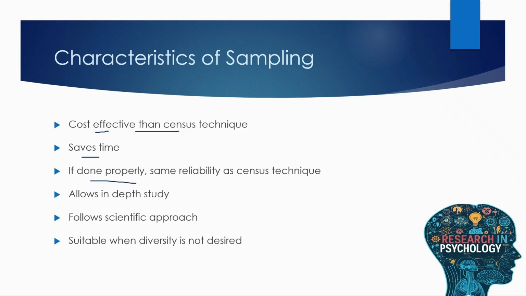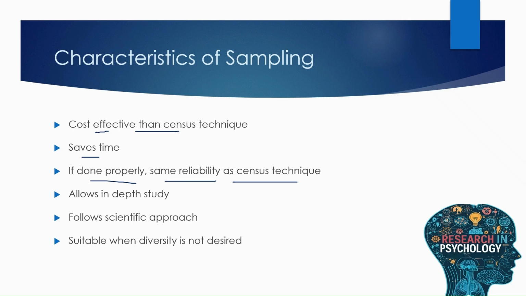If done properly, it has the same reliability as the census technique. Obviously, collecting data from every single individual of the population will give you much more reliable data, because you are not leaving off any person. You have fully credible data from every single individual.